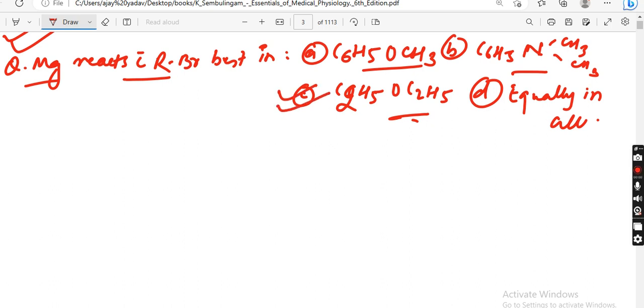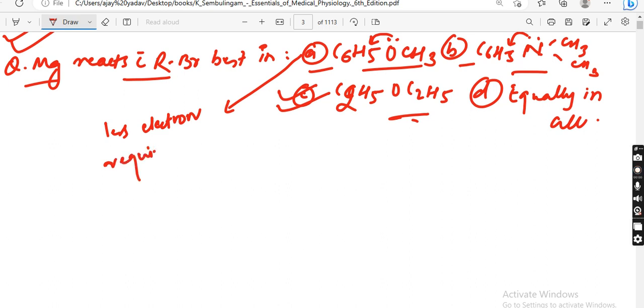Because in the case of A and B, there is a benzene ring and there is an electron pair on this O, and on nitrogen as well, which gets delocalized into the benzene ring. So in A and B there will be less electron density available for coordination, right?